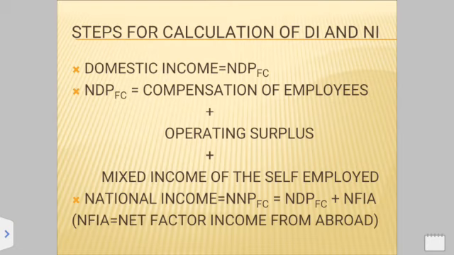If it is GDPFC, then add depreciation. You know how to convert one aggregate to another. So the thing is first to reach the calculation of NDPFC, net domestic product at factor cost, and from that you reach any other concept that is given in the question.